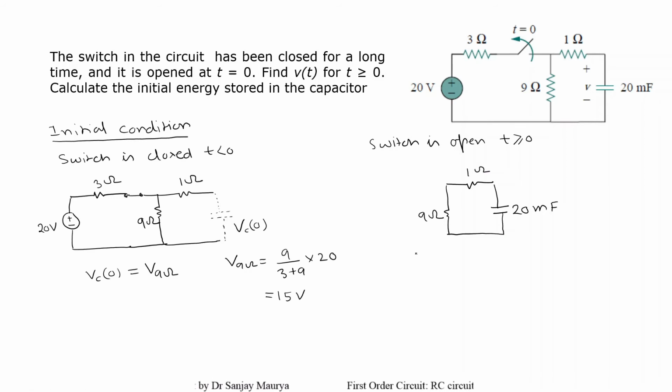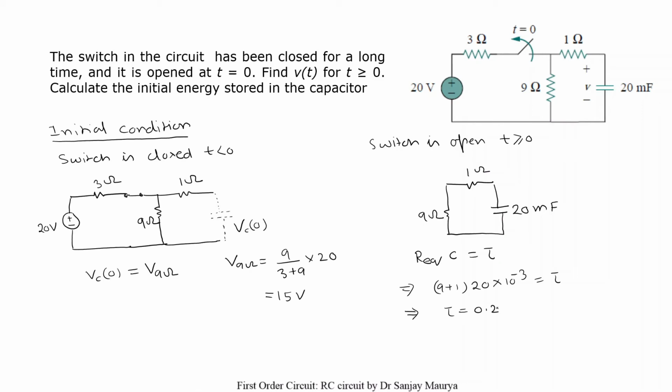So I can write R equivalent into C will be the tau, and this R equivalent is 9 plus 1 and C is 20 millifarad, so tau is equal to 0.2 second.